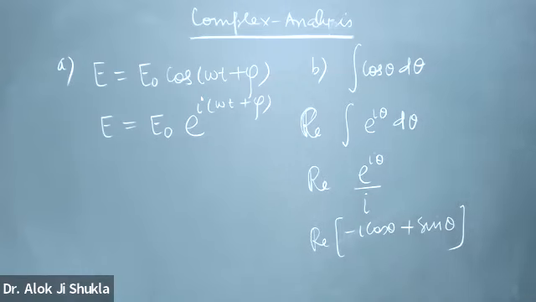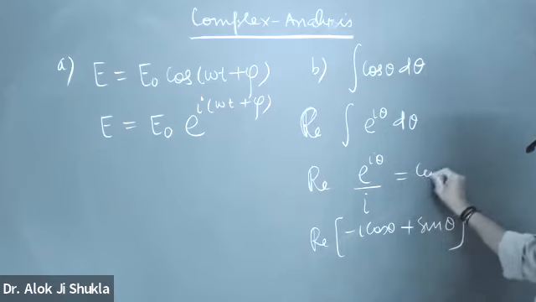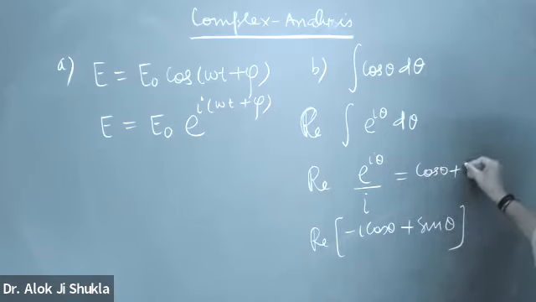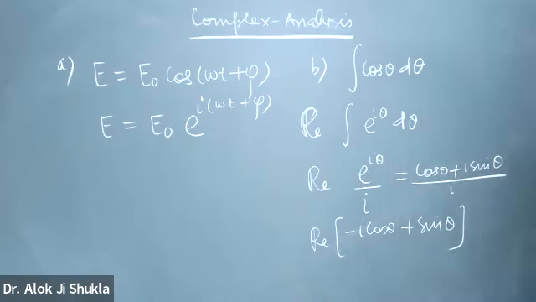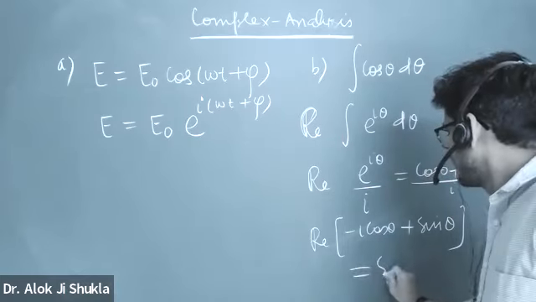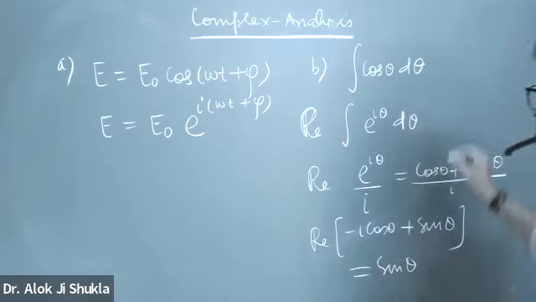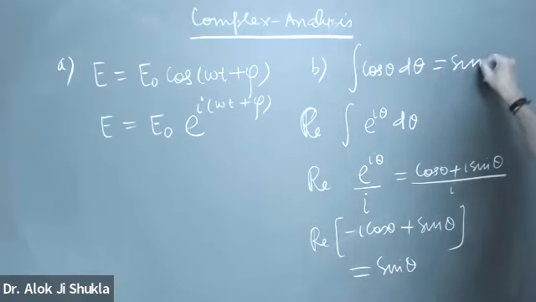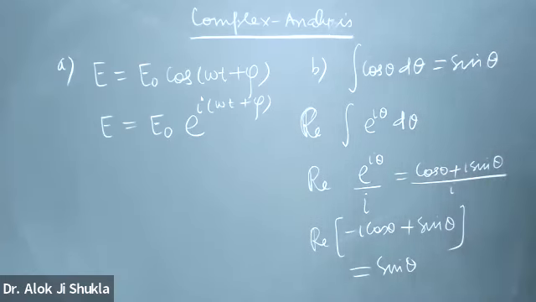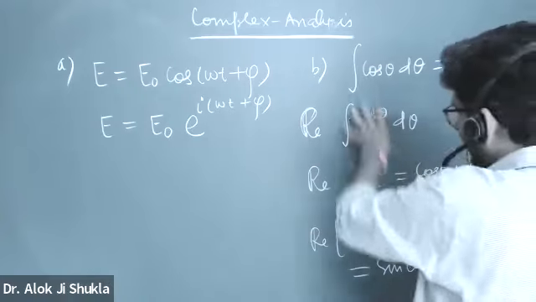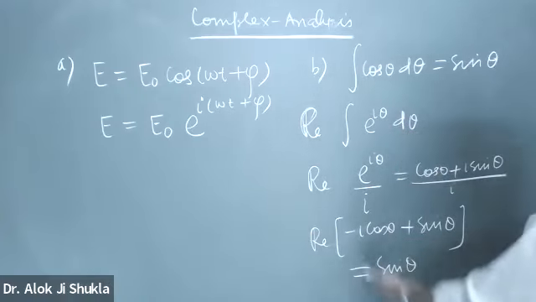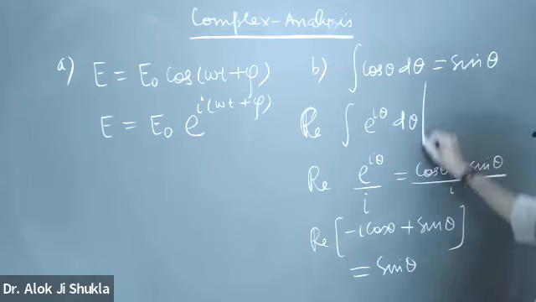Yes, sir. This is cos theta plus iota sin theta by iota. So real of this will become sin theta, which is the integral of this. This is how complex enters and we use complex. और इसके साथ अच्छी बात यह है कि if you calculate it for one quantity, if you calculate it for cos, sin already we have calculated.